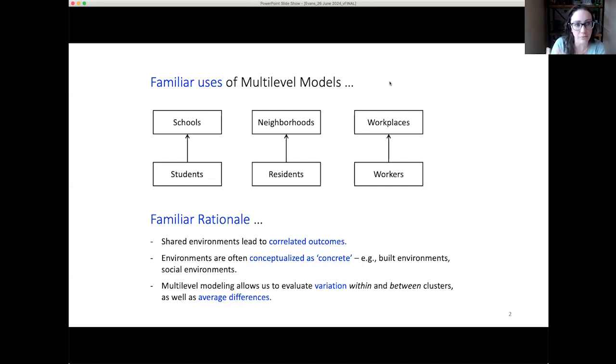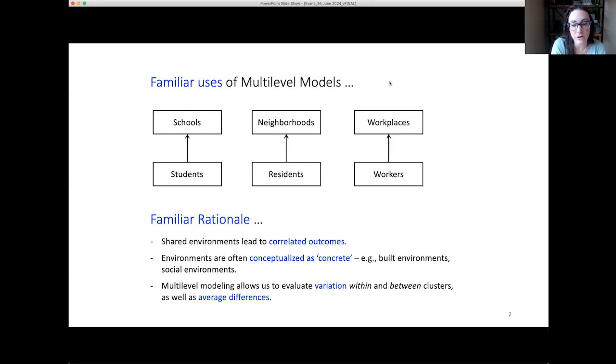But typically in multi-level models, we often think of these clusters as being something sort of concrete, a built environment, or at the very least, a social environment, something that's really easy to see and recognize. One of the nice things about multi-level models, as we'll see a bit more later in the talk, is that they allow us to think not just about inequalities between students or between residents or workers, but to think about differences across environments.